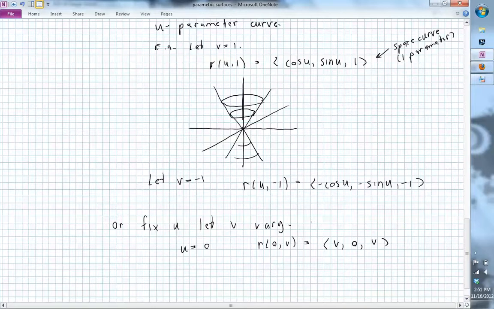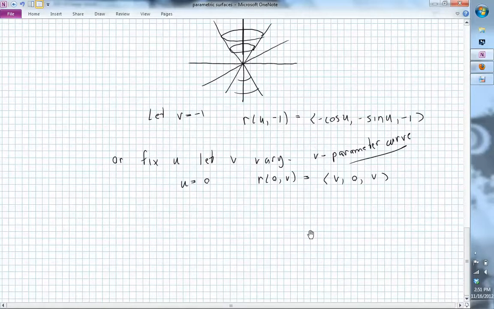And this is a v parameter curve. What does that describe? As you let v vary, what does it trace out? A line. In fact, we know a lot about that line. That line lies in the xz plane, yeah? And in fact, it's x equals z in the xz plane.